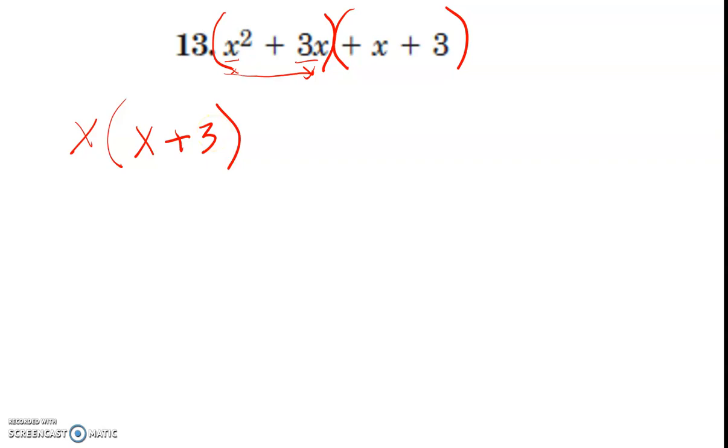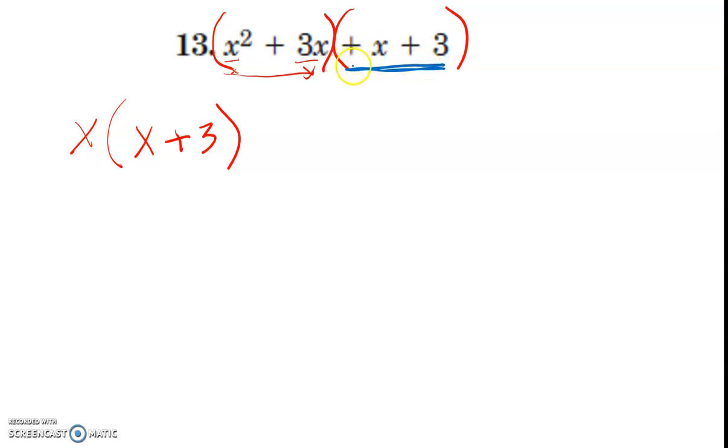The other piece, I'm going to do the same thing and look at only the second set of parentheses. I would love to be able to cover the first one with my hand or a piece of paper, but I can't do that through this video. So I'm just looking at this one right here, and I'm looking for the GCF.